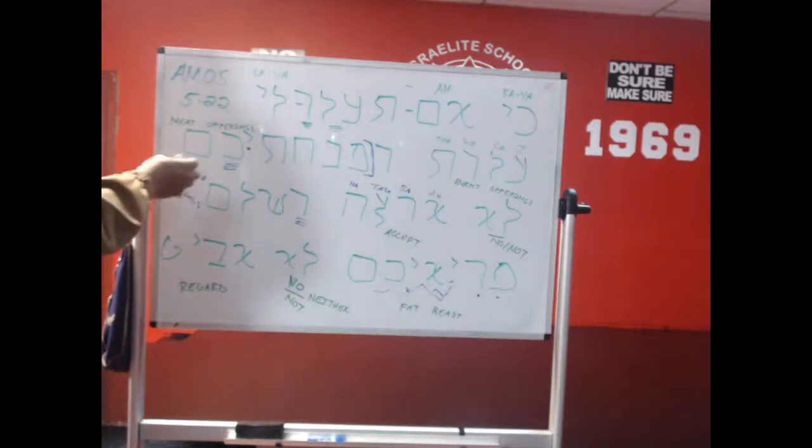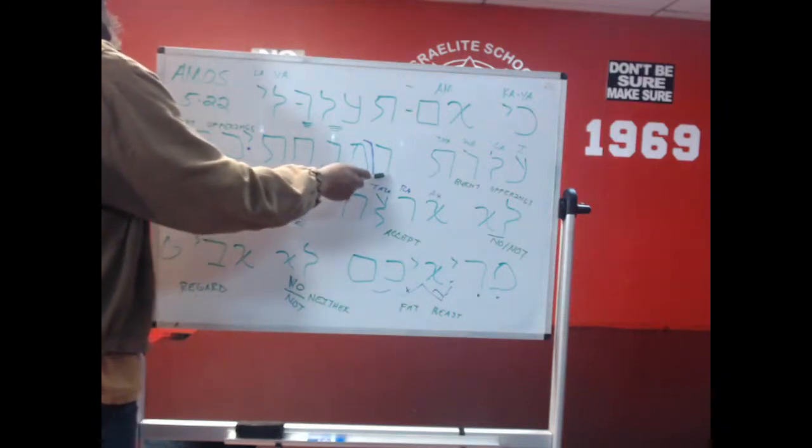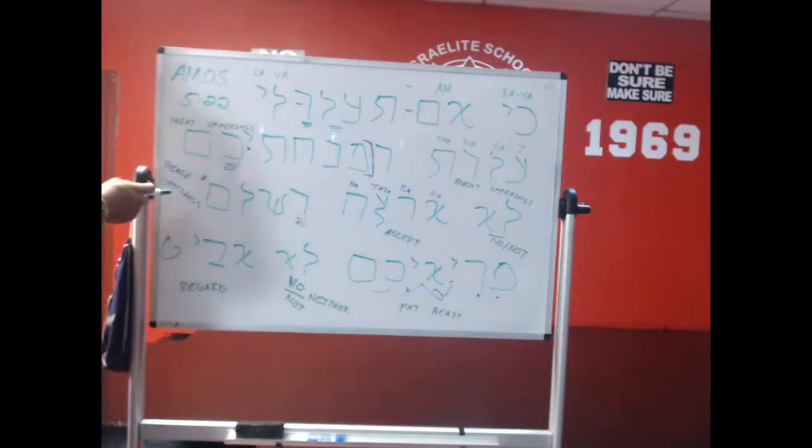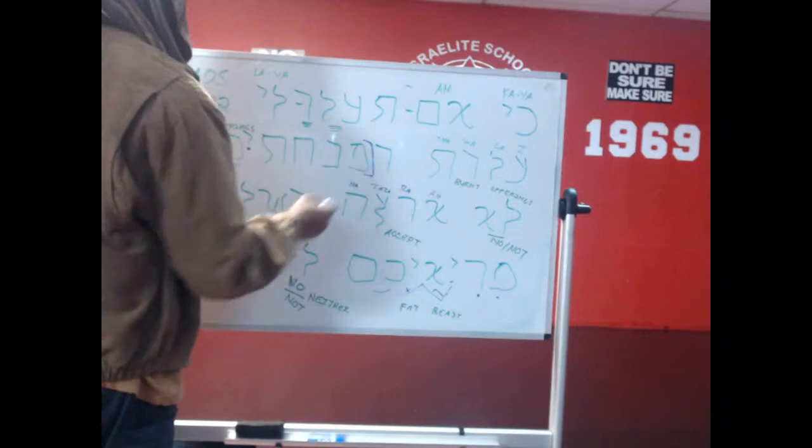Now, here's something to try to help you out. When we see a big word like this, it can be very intimidating. No sweat. What we have to do is try to find the root word. When we first look at it, we'll take off the wa and separate that.